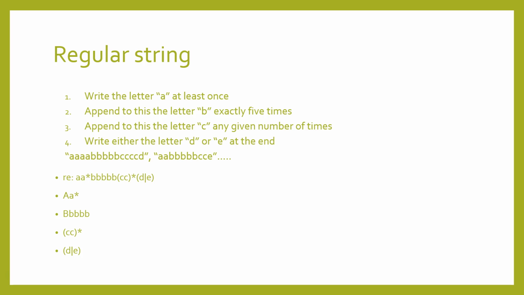For instance, the line that we see here, aa*bbbbb(cc)*(d|e), is a regular expression for the series of steps that we just described. The string might seem a little daunting at first, but it becomes clearer when we break it down into its components.